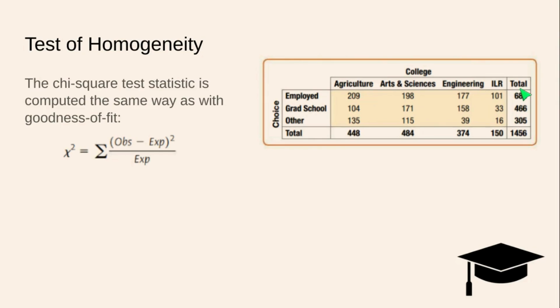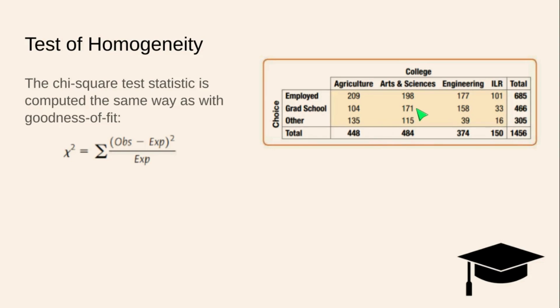The expected value would be 685 out of 1456, so that's our proportion of folks who were employed on the whole, times the number of people who were in agriculture. So it would be 685 divided by 1456 times 448.